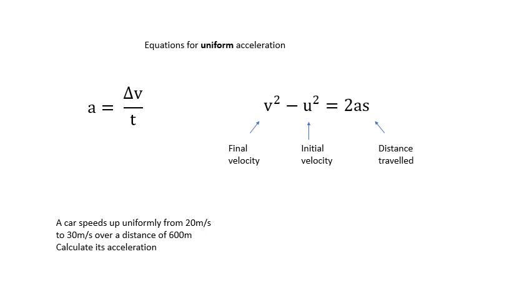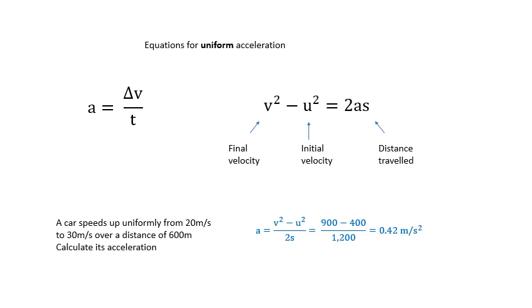Let's have a look at this question. A car speeds up uniformly from 20 to 30 meters per second over a distance of 600 meters. Calculate its acceleration. If you want to have a go yourself, I'll show you my answer in 3, 2, 1. Okay, so the first thing I've done is rearrange the equation. I've said so many times, before you bung in the numbers, rearrange the equation.